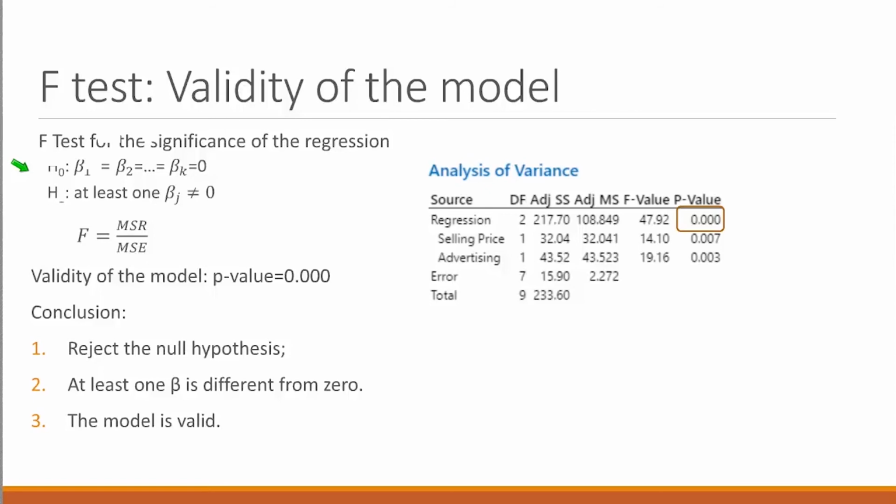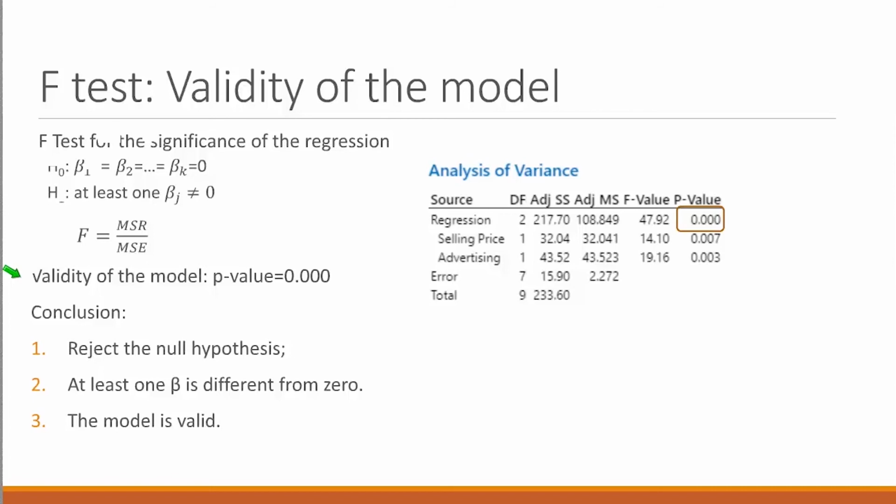With those hypotheses, the way we conduct the test is that we look at the p-value. For small p-values, we reject the null hypothesis. How small should the p-value be? It should be less than alpha, which is 5%.